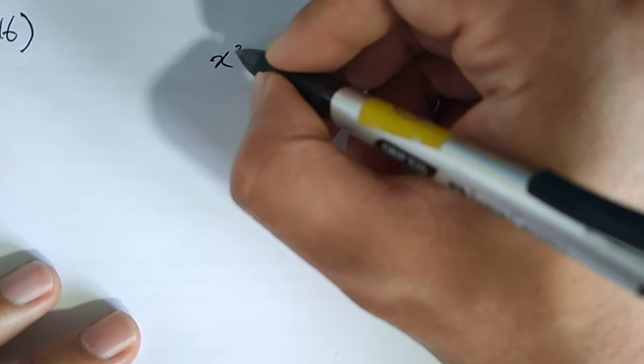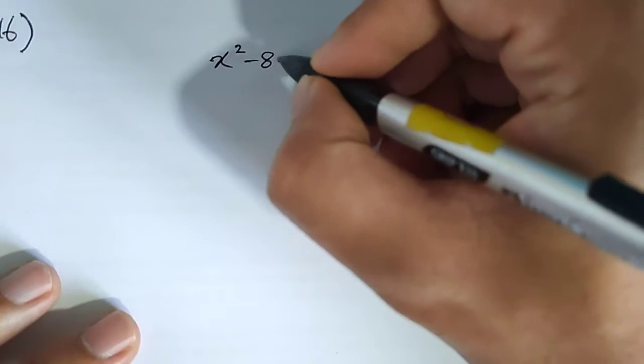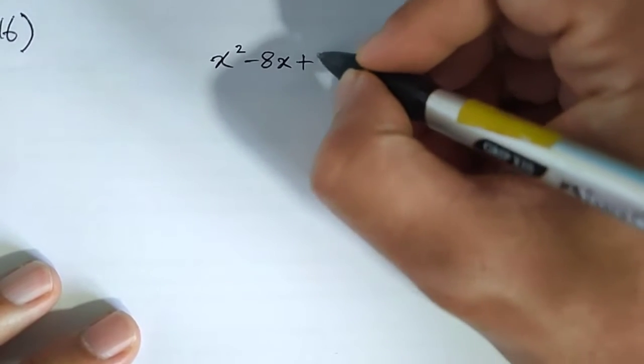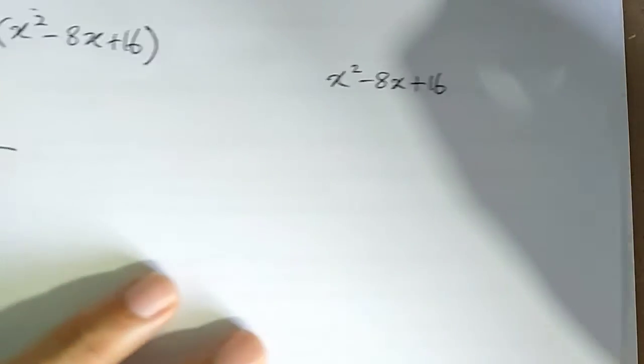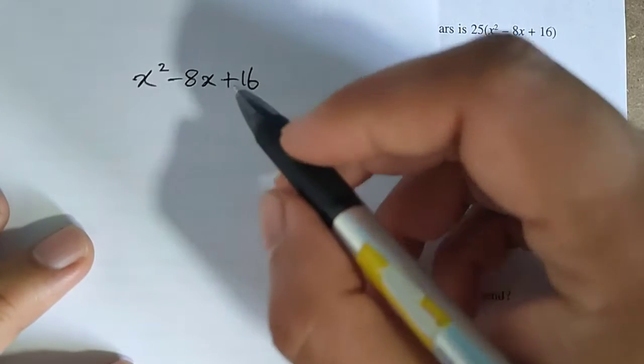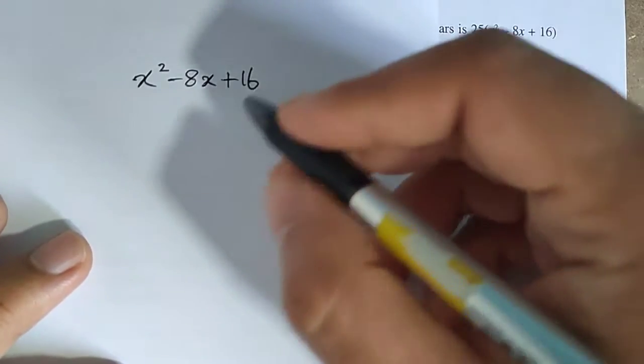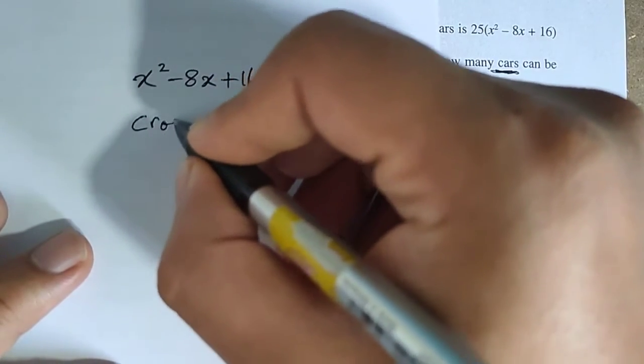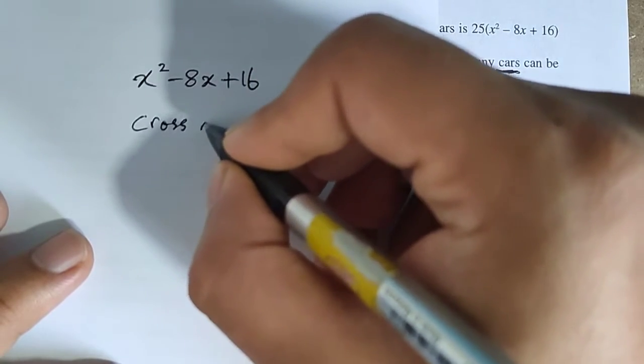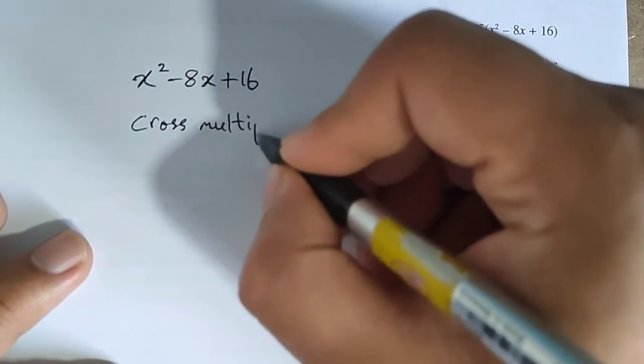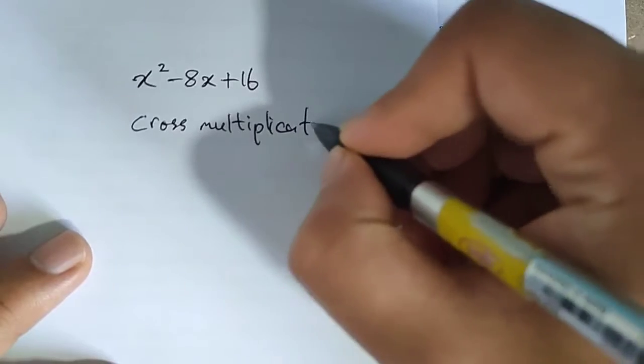Okay, let's do this there. I'm going to copy the algebra. Okay, the same. And then, do you still remember this cross multiplication?